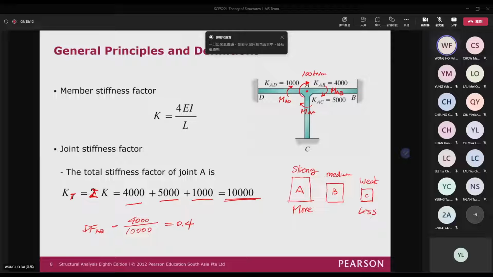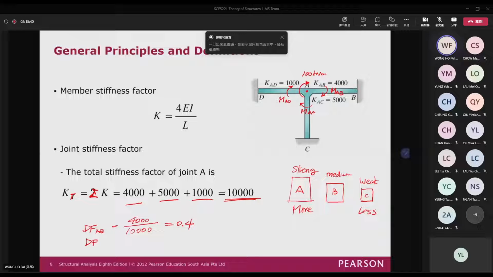That means if I have a total of 10,000, and the member AB has 4,000, then 40% of the stiffness is contributed by the member AB. That means if I have a moment applied to the joint, 40% will go to the member AB.